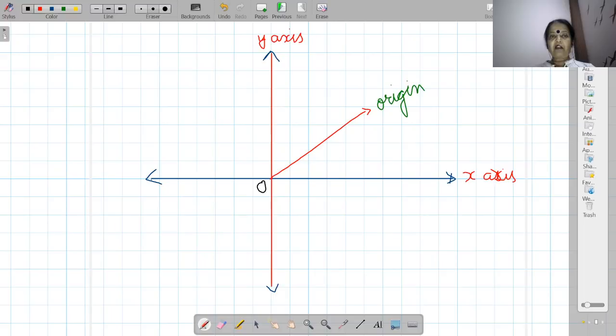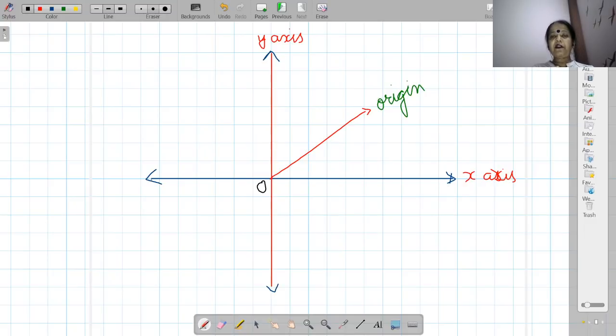And if you observe, in these lines there is some gap in between. So remember, as we do on the number line, same thing over here.